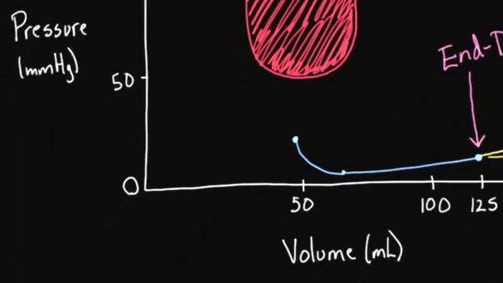Well, let's say I start at the same end diastolic point, just to make it nice and clear. Well, if I was to take blood away, then my volume, of course, would go down. And if the volume goes down, the pressure goes down. And then I could do it again. I could take more volume away, and the pressure would go down. And actually, it would look pretty much the same as that chunk of our pressure volume loop.